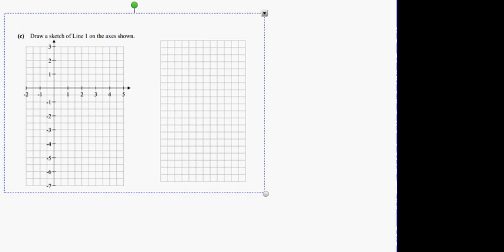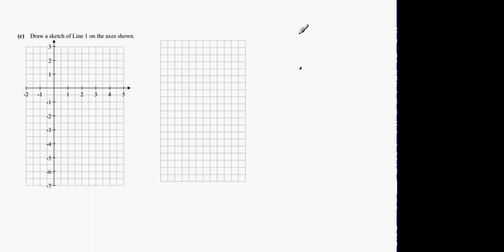Draw a sketch of line 1 on the axis shown. What's line 1 again? Formula for line 1? y equals 3x minus 6. Okay. What's the c value? Minus 6. We need one more point on this line. What I'm going to tell you is let y equal 0.